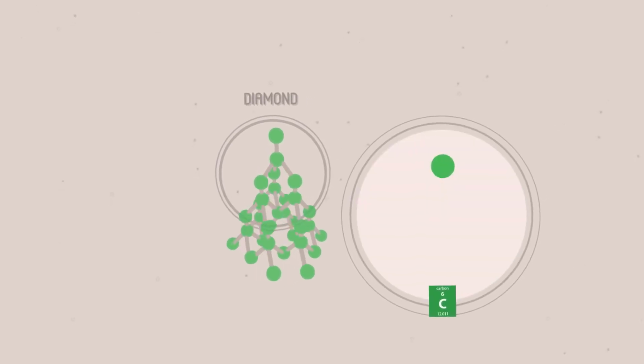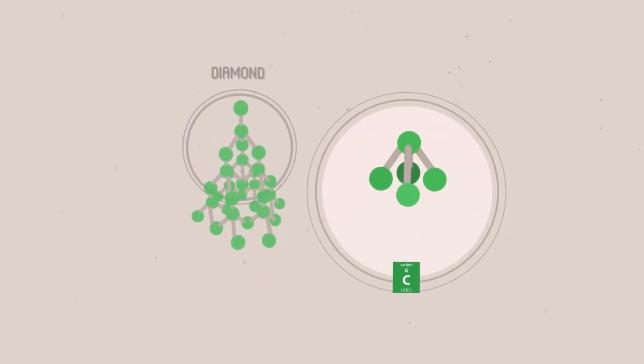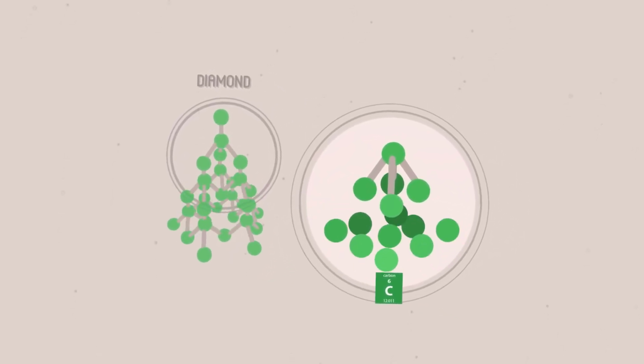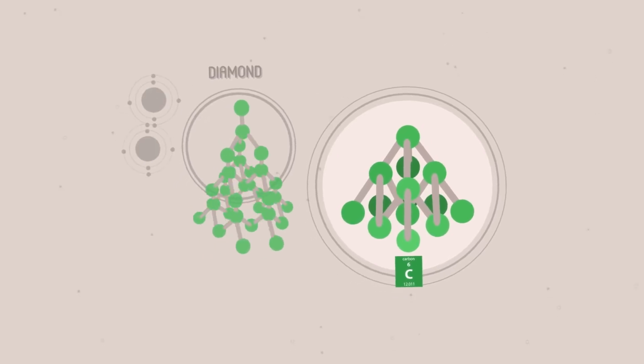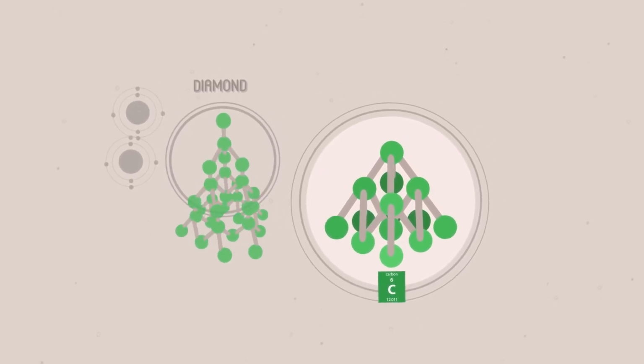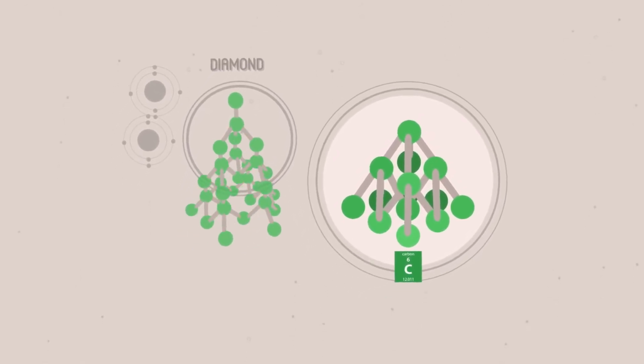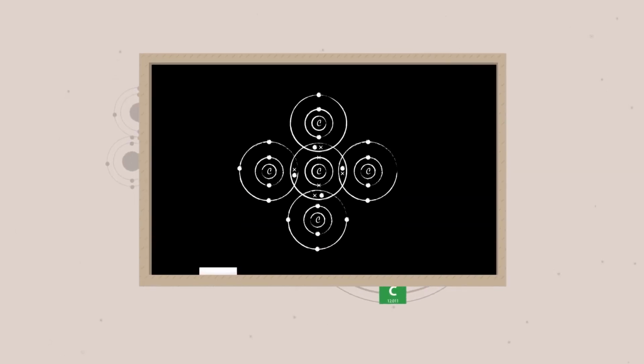Each carbon atom forms four covalent bonds because it has four electrons in its outer shell to share and has space for four more. If every carbon atom forms four bonds with four other carbon atoms, and each of these form four bonds with four other carbon atoms, and each of those form four bonds, we're going to very quickly end up with a very large structure.